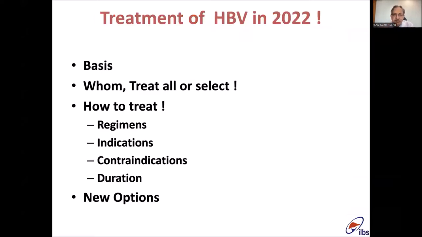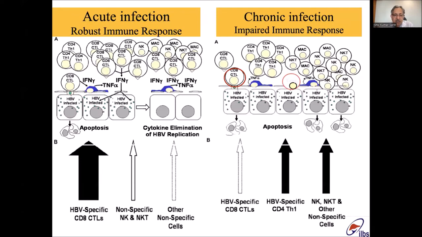Now we go to treatment of hepatitis B. What is the basis and whom to treat? Should we treat all? So one more time, the difference. This is a very important slide for hepatitis B. Acute infection versus chronic. Somebody got a blood transfusion or needle stick injury. In this, hepatitis B is present in the hepatocytes, nucleus, cytoplasm.